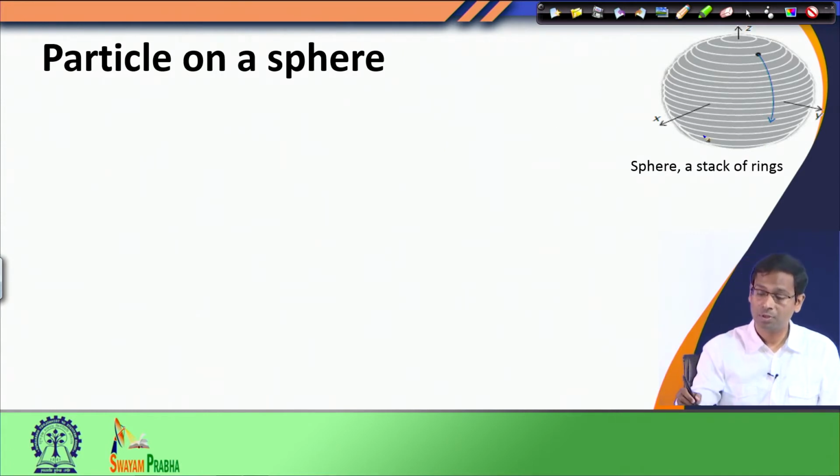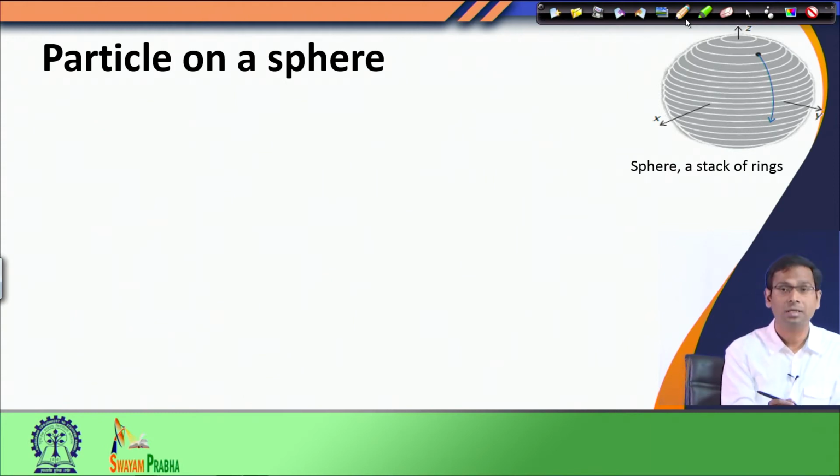So, now we would try to find the quantum mechanical solution of a particle of mass m, which is moving on a sphere of radius r. To solve this problem quantum mechanically, we would start by writing down the Hamiltonian of the system.